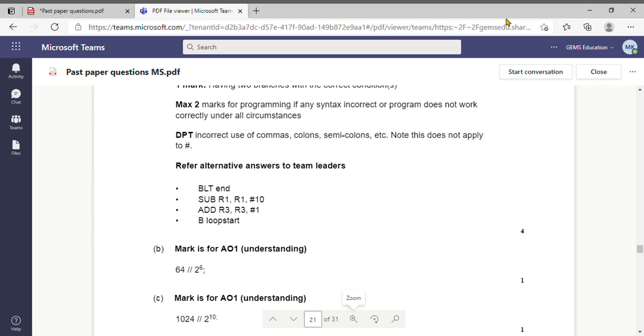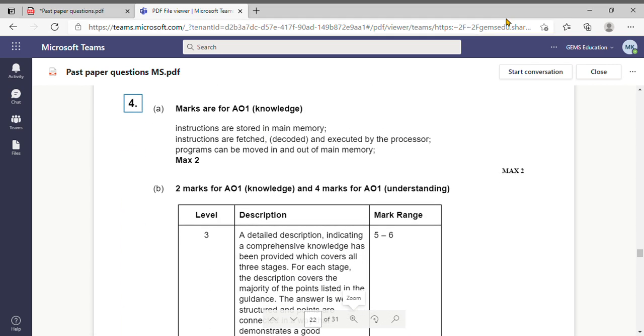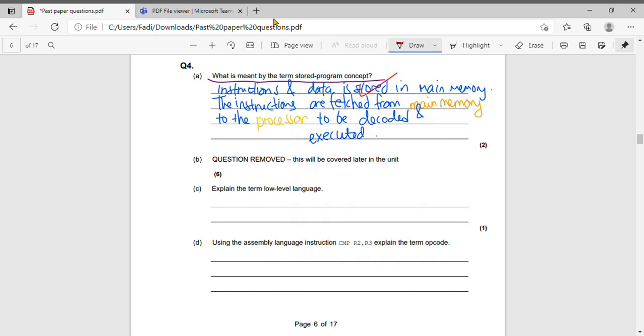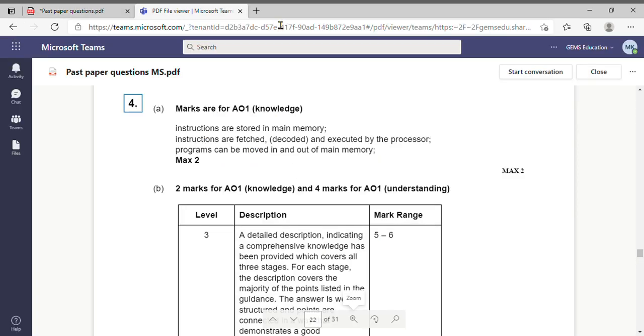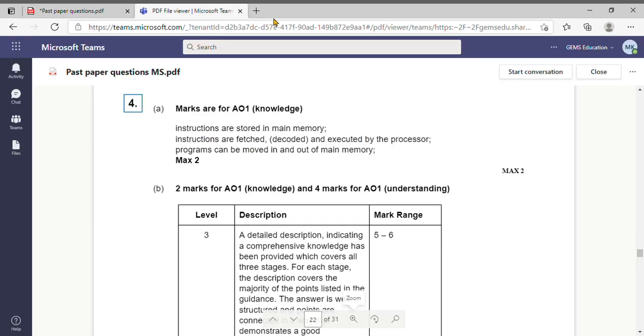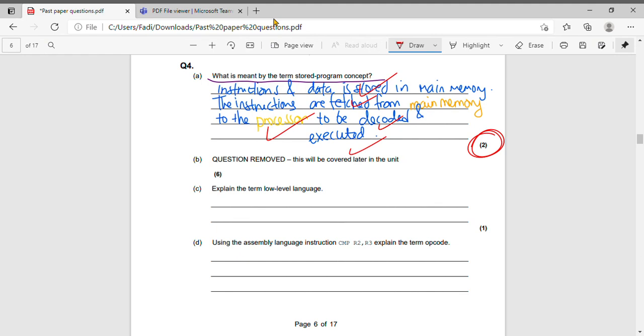So let's see if we got that. Instructions are stored in main memory, we got that. By the processor. Fetched, decoded, executed, so I think we got the 2 marks there, but the final mark is programs can be moved in and out of main memory. Okay.